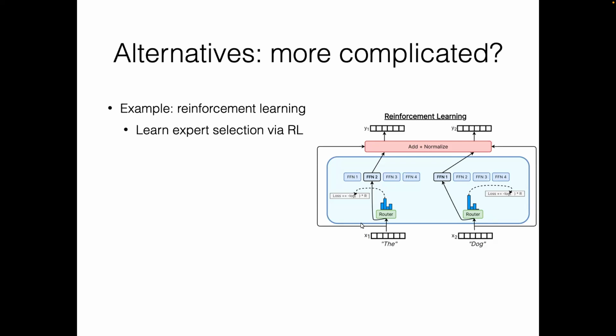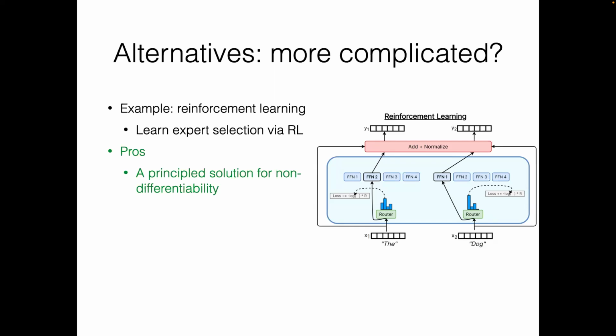Here you're basically saying each choice is going to be an action in the reinforcement learning sense. You could take an action and get some reward function, and then optimize the policy. Maybe the reward is related to the modeling quality, so something like log probability, and you could learn the policy for routing that does the best.